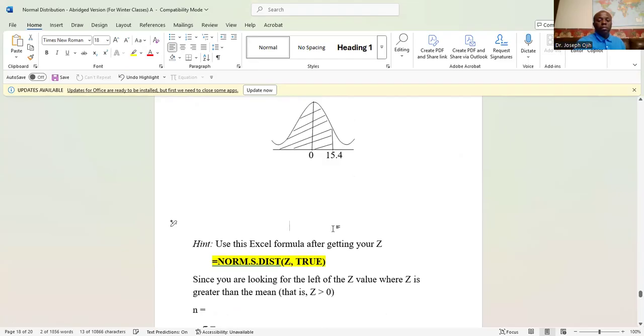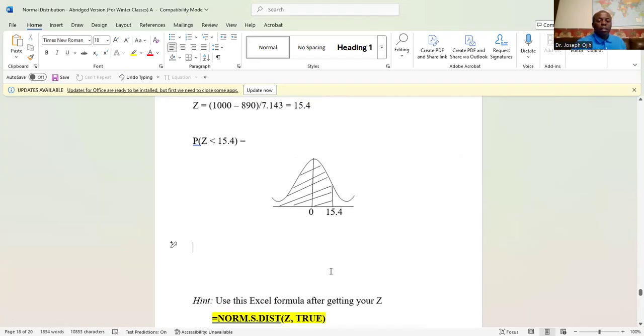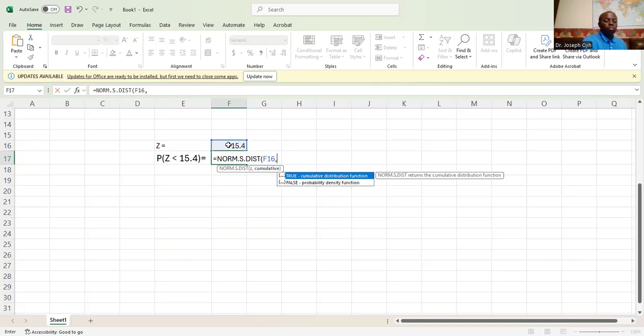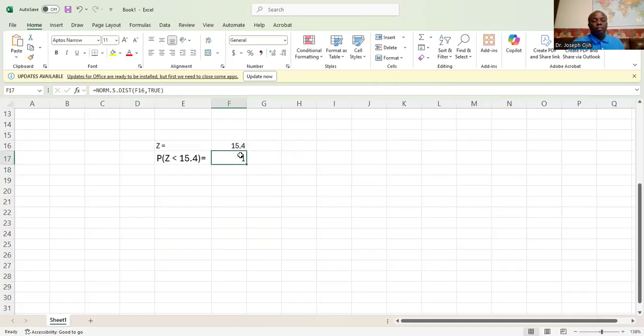So in Excel, we have equals NORM.S.DIST, click on z, comma, and type true. Close the parenthesis, then press the Enter key to give you the answer right away. Approximately 1. I mean, it's 100%. That's what it means.